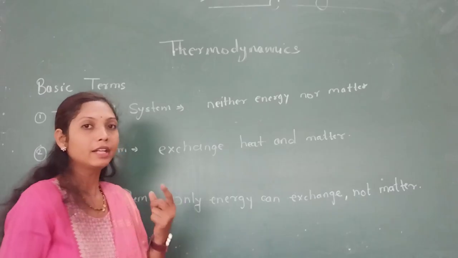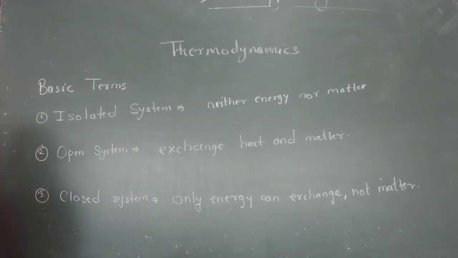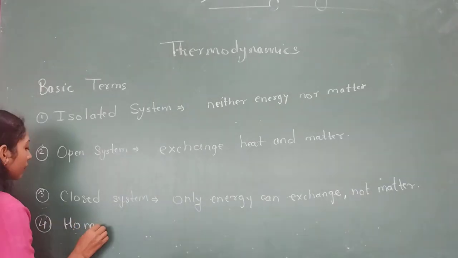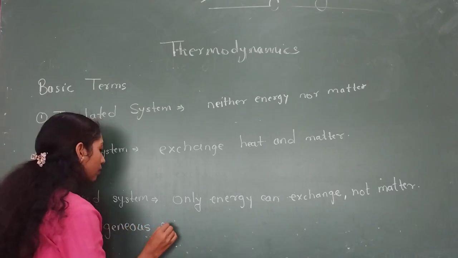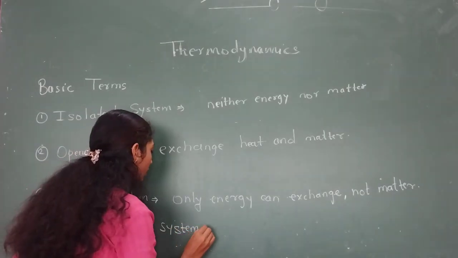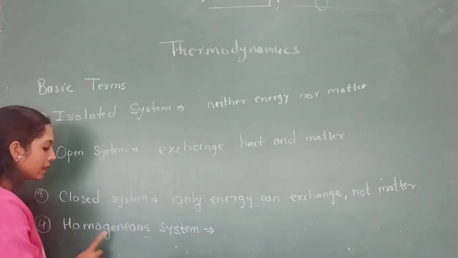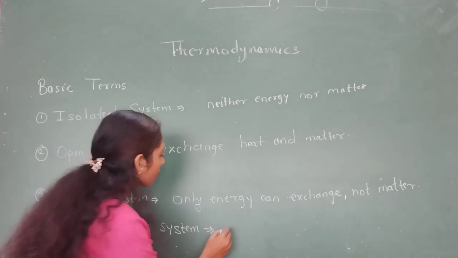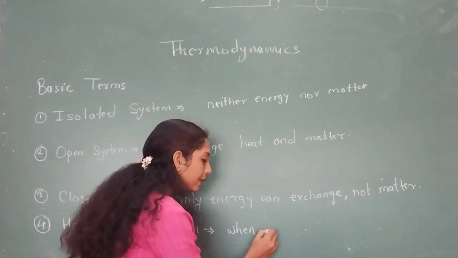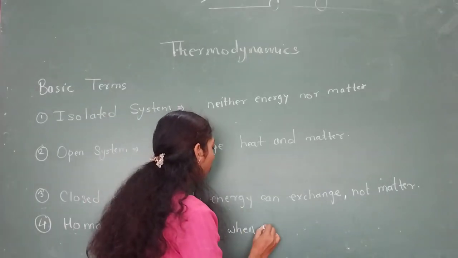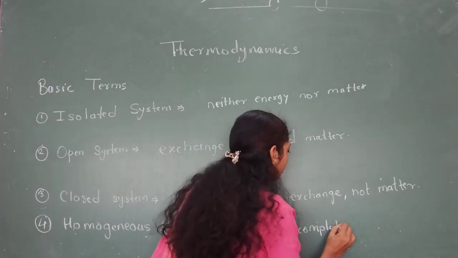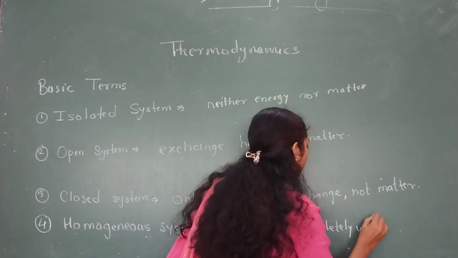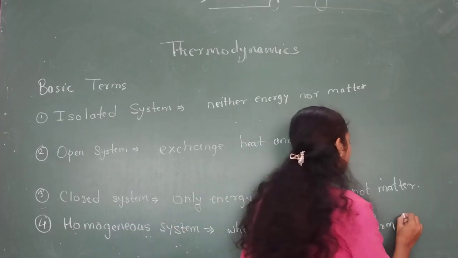Okay. Next are heterogeneous system and homogeneous system. The fourth one is homogeneous system. The system is known as homogeneous when it is completely uniform throughout.